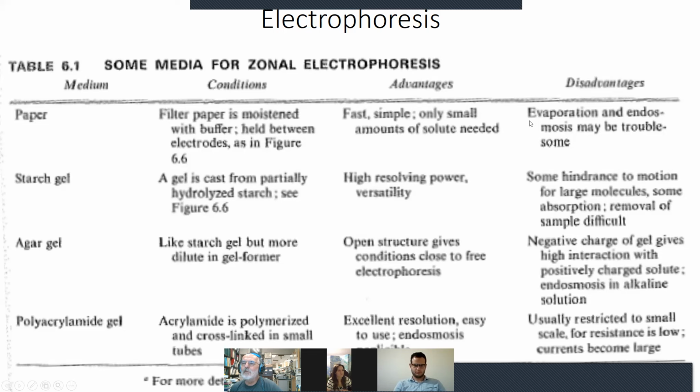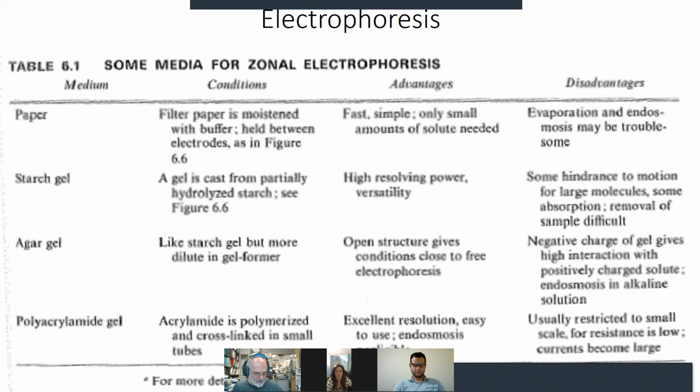There are clearly problems in this technique that had to do with evaporation because it was exposed to the atmosphere. And then endoosmosis basically has to do with weird sort of electric currents that would get set up in the sheet because of inhomogeneities in the paper. The next system that was used was something involving starch. I don't use starch for anything.